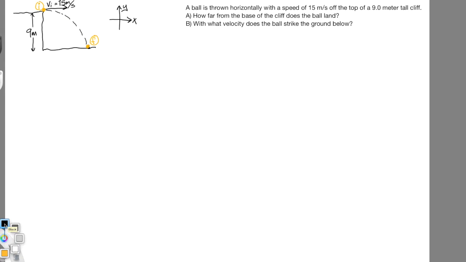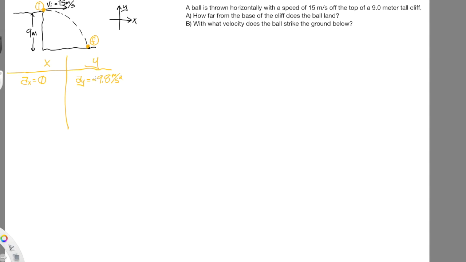So for those initial and final points, we now need to take stock of what we have. So number one rule of projectile motion is keep your x and y variables separate. So automatically, it's a projectile motion problem, so we know our accelerations. AX is 0, and AY is 9.8 meters per second squared, directed downward, which in our coordinate system is negative.